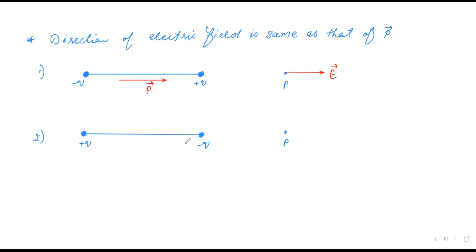And if the direction of dipole in the second case is from minus Q to the plus Q, then it is just opposite to case one. Then the direction of electric field will also be in the same direction as the electric dipole. It will be in this direction. Are you all clear? Yes, sir.